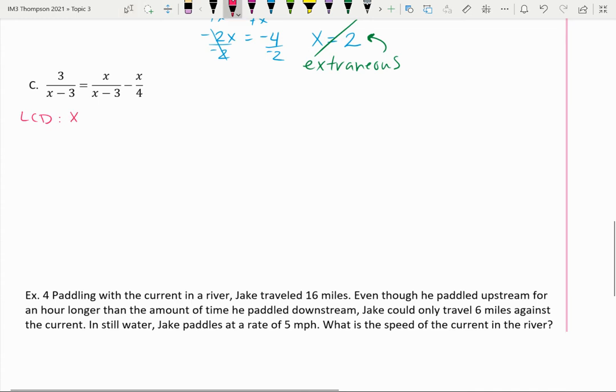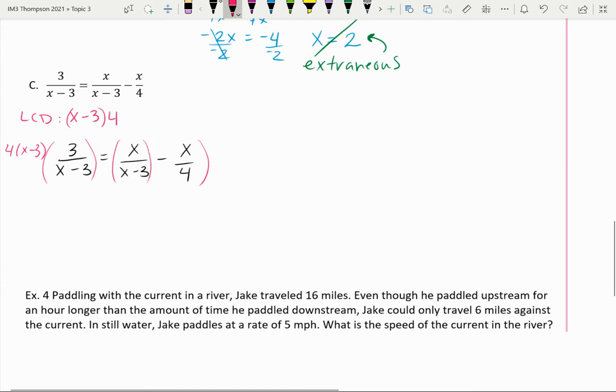So for my least common denominator, I need an x minus 3. I also need a 4. So I'm going to multiply everything on the left-hand side by my common denominator, and everything on the right-hand side by my common denominator.